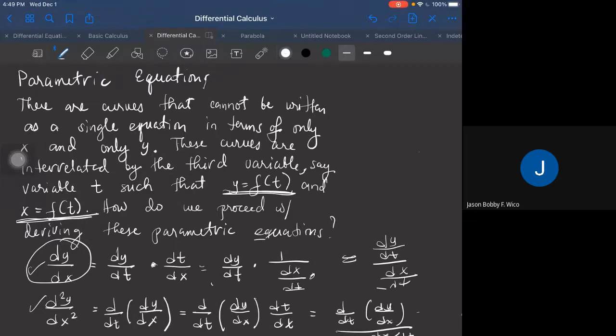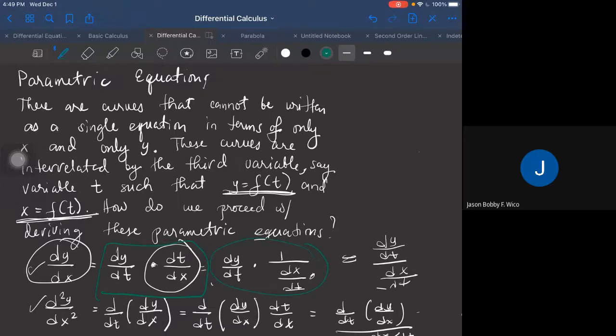Or since you're given x as a function of time, instead of expressing dt dx, we get the reciprocal of that and write it in this form.